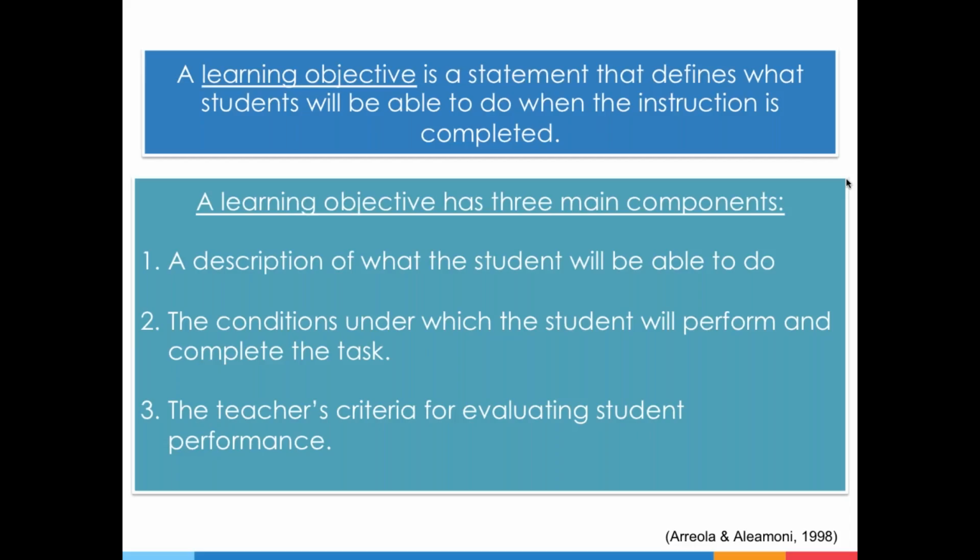So when you think about this, learning objectives are really, really important because we want to be able to assess how our students are learning in order to be able to move forward with our lesson plans and our own learning objectives for our students and the identified learning outcomes.